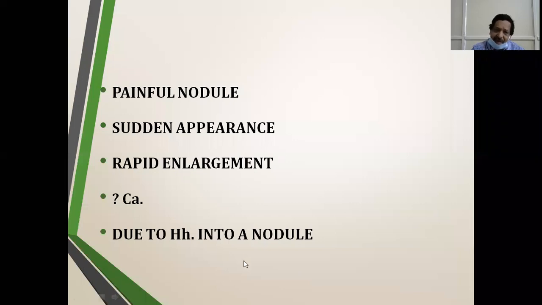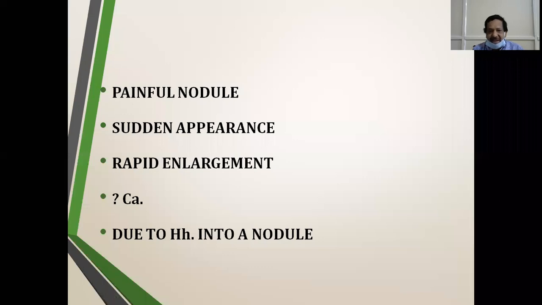Again, the hemorrhage may be due to carcinoma. So the first priority, second priority is again to exclude carcinoma, because carcinoma may cause rapid enlargement or a pain, though pain is produced by inflammatory thyroiditis, rare.